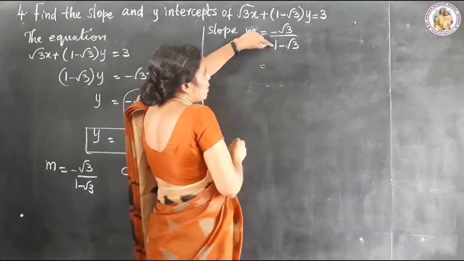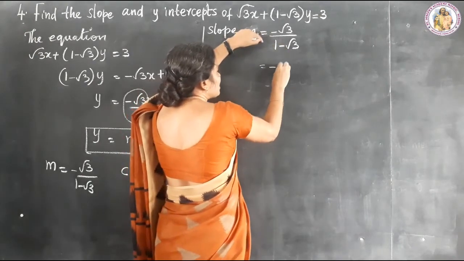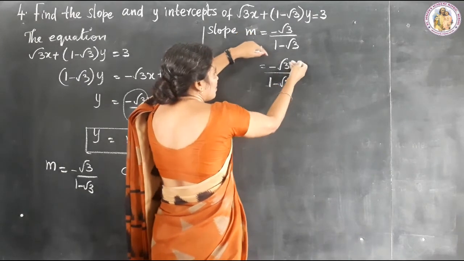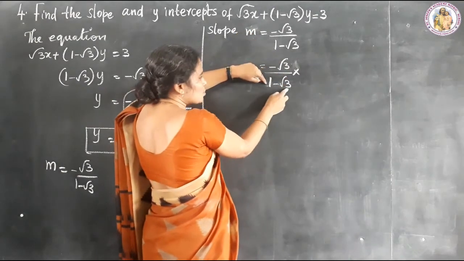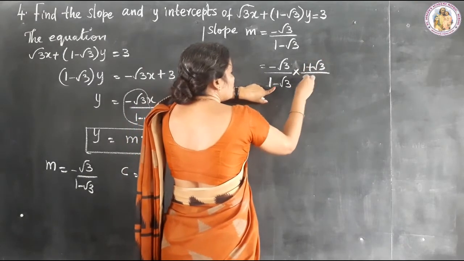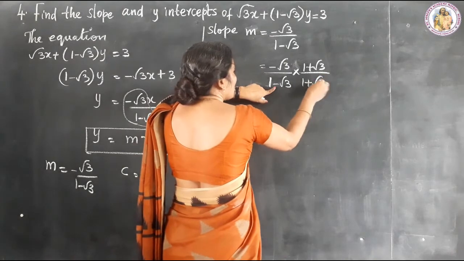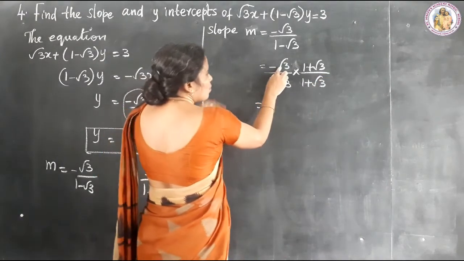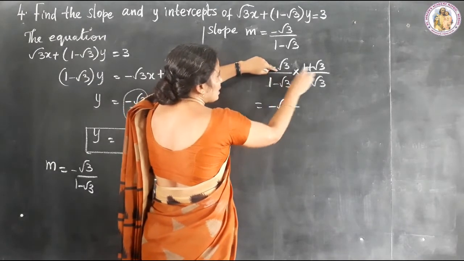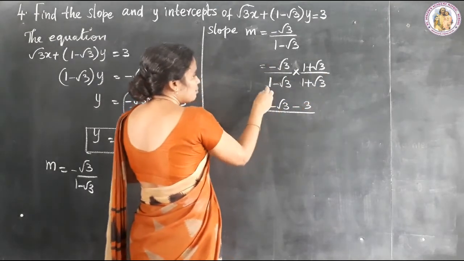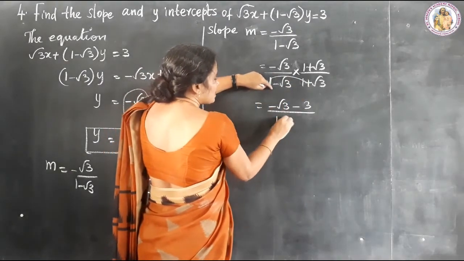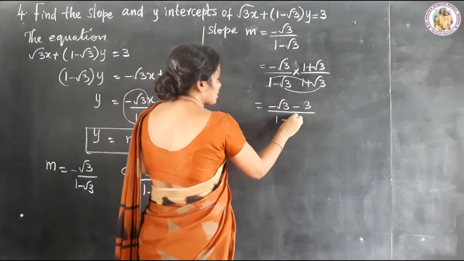Here we take the conjugate of 1 minus root 3, which is 1 plus root 3, for both the numerator as well as the denominator. Now multiply: minus root 3 into 1 plus root 3, divided by 1 into 1 minus 3.